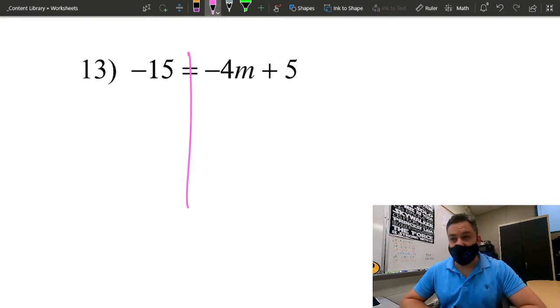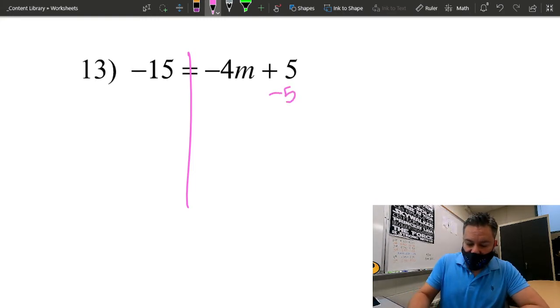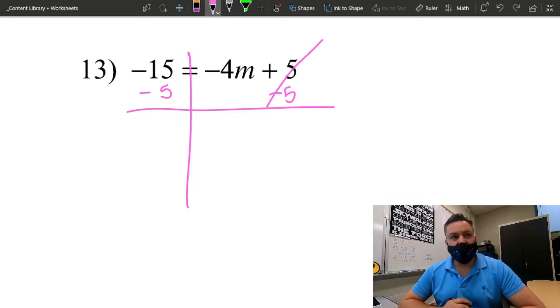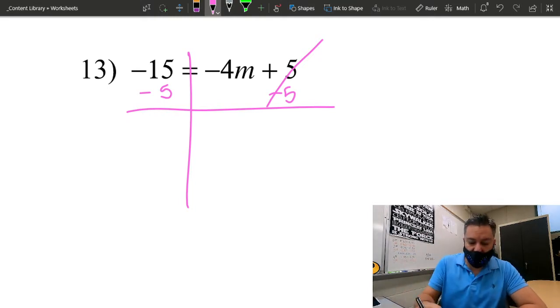And the opposite is subtracting. We're going to subtract 5 from both sides. That cancels out. Same signs, you add them, but you're going to keep the sign, remember? So it's going to be 15 plus 5 is 20. Positive or negative? Negative. Very good.